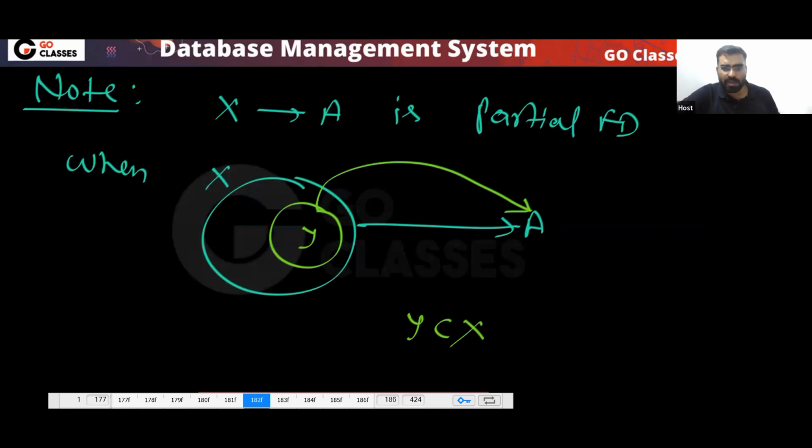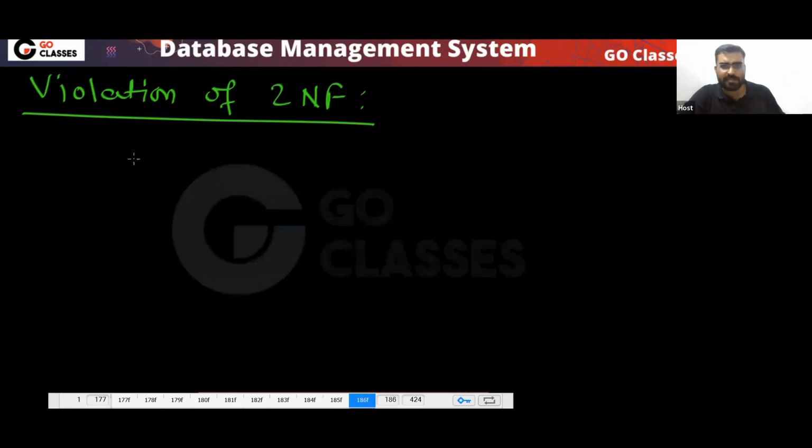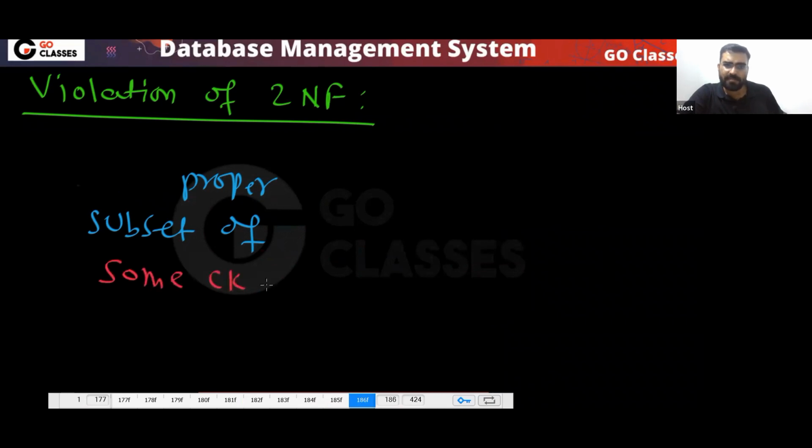So this whole thing I can also write like this. Basically, a violation of 2NF will happen when some proper subset of some candidate key determines some non-prime attribute.